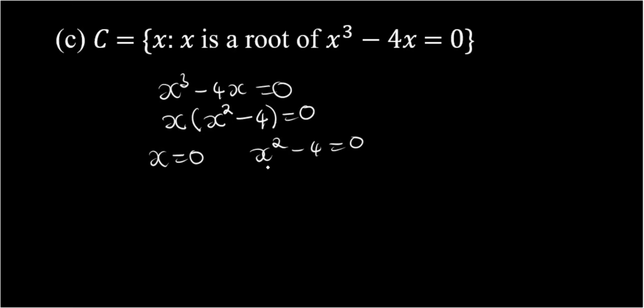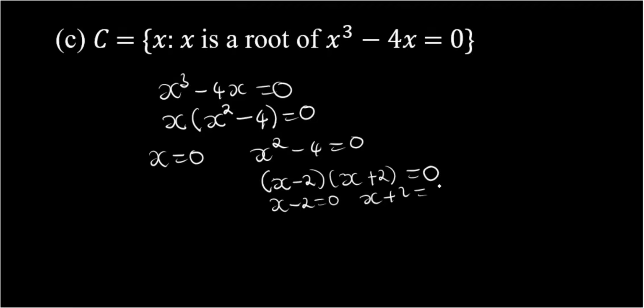What we are remaining with here is x squared minus 4. This is the difference of two squares, meaning x minus 2 times x plus 2 equal to 0. Then x minus 2 equal to 0, then x plus 2 equal to 0, meaning that x is equal to 2, then x is equal to negative 2.